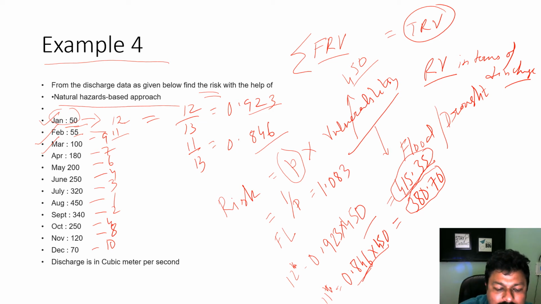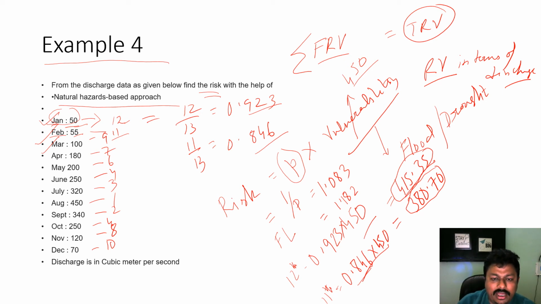And what is the return period of the 11th rank discharge, that means the February discharge? It is 1 divided by 0.846, so it is 1.182. So you see, the return period of the January discharge is lower compared to the February discharge. That is okay.